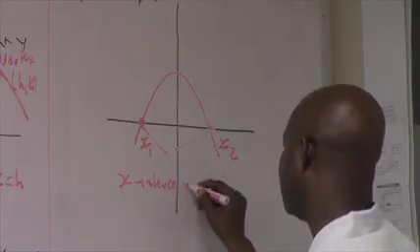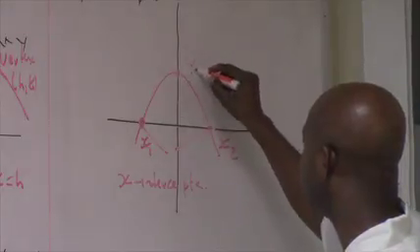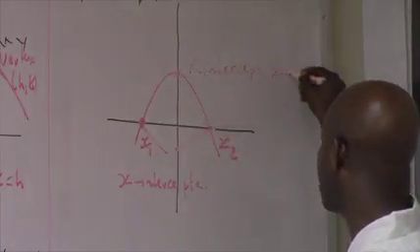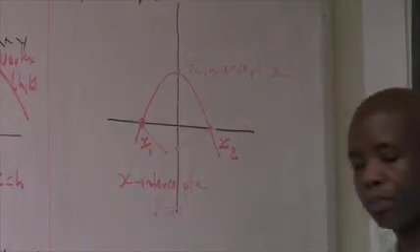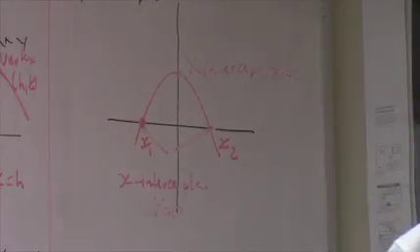These are the same as the roots of the quadratic equation. This point is my y-intercept, where x equals 0, and at the x-intercepts y equals 0. With this concept, we can move now to solving some basic problems.